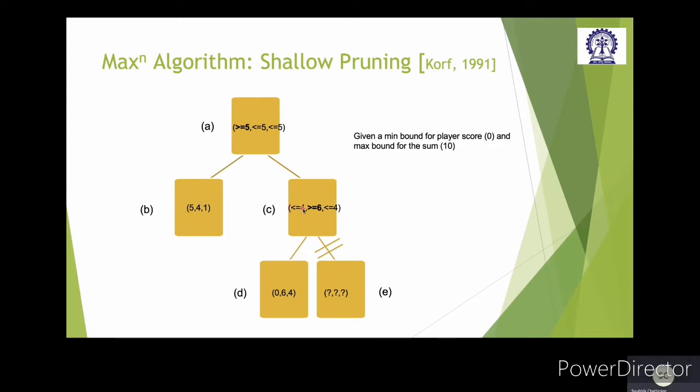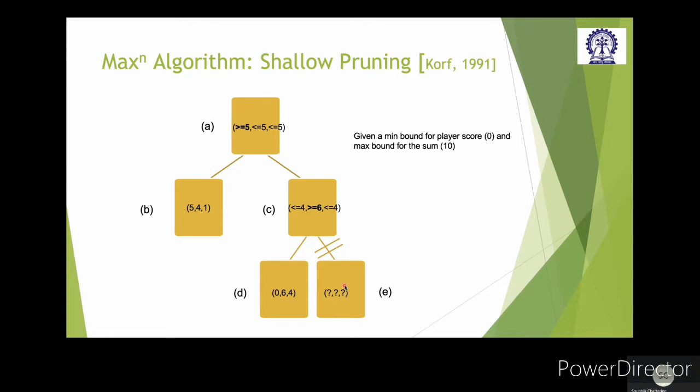Now, if you come to node C, when player 2 moves, he goes into the left side and then he finds that his payoff can be 6, which means that the sum of the payoffs for the other two cannot be greater than 4, which means player A cannot take greater than 4 at this node, which implies that player A will always be choosing the other node, and that's why all other children of this node can be pruned.